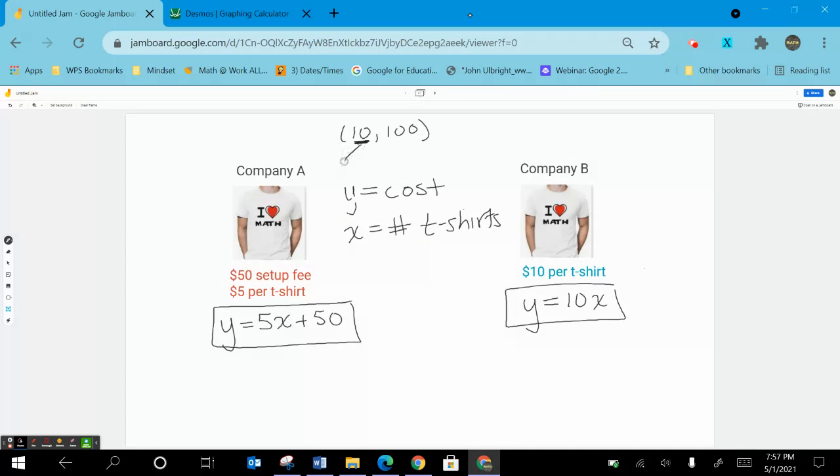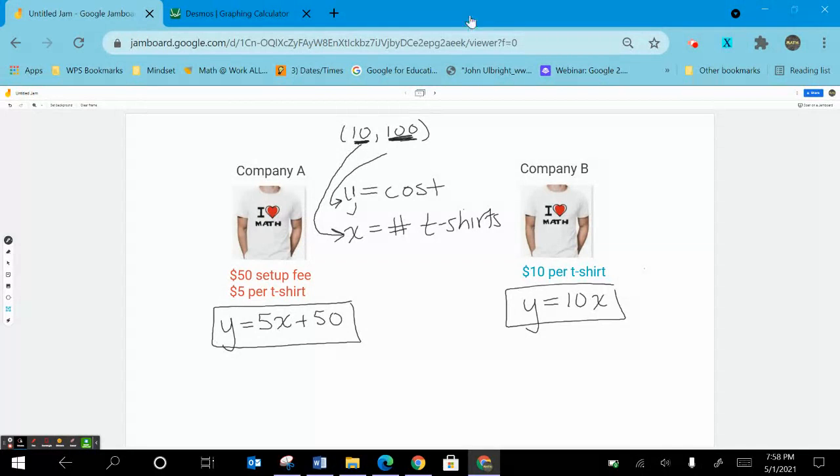So that means that 10 t-shirts cost $100. So when I buy 10 t-shirts, I will pay $100 at company A, and I would also pay $100 at company B. That is the solution to the system of equations.